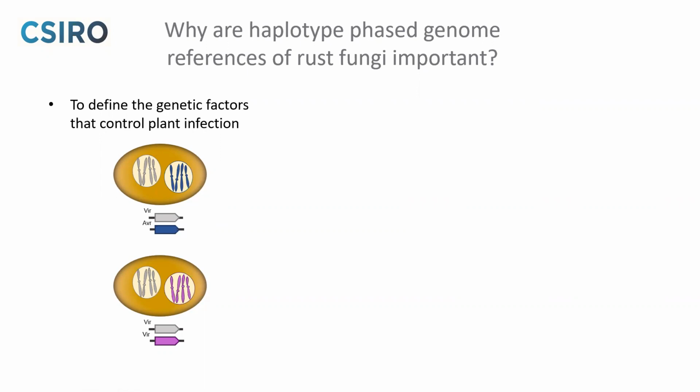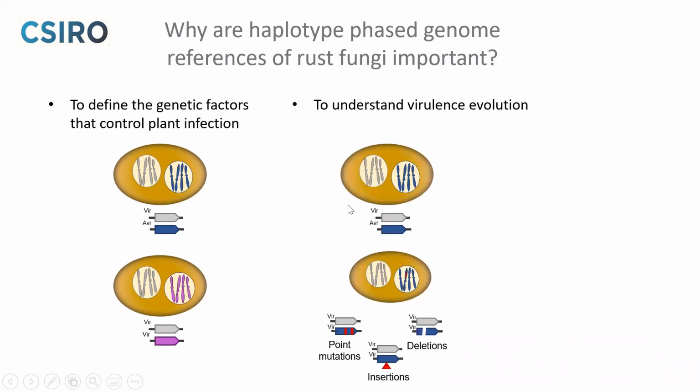And here this strain is homozygous for the virulence allele and therefore infects the plant. Another benefit of having this resource is that we are well positioned to understand virulence evolution. And as Peter mentioned earlier, we can track changes in a heterozygous strain, for instance, point mutations, insertions, or deletions.